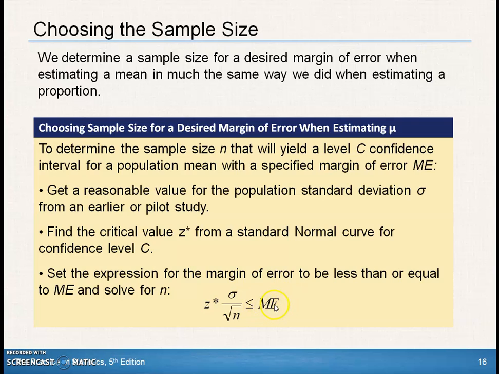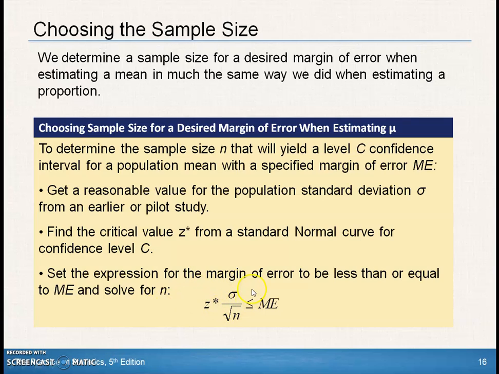So the ME is going to be the margin of error. We want that margin of error to be greater than or equal to this calculation. Now we use z star because this will be a narrower, smaller value than the t star. And because that will be part of the numerator, that makes this a larger number, so we make sure we get enough.